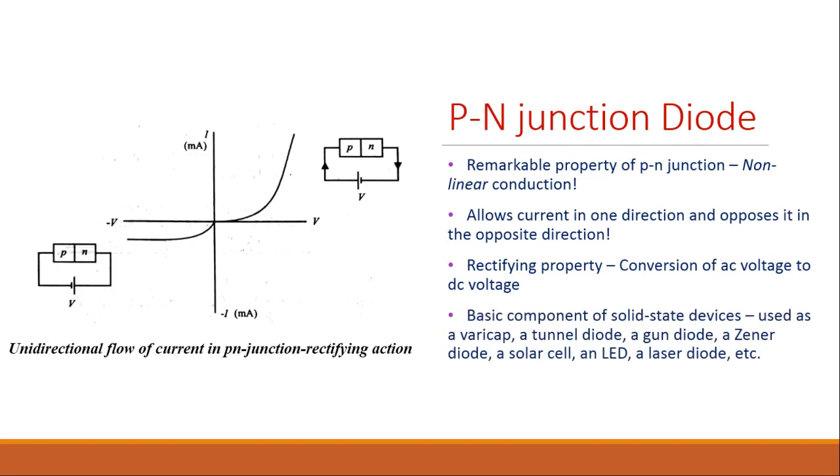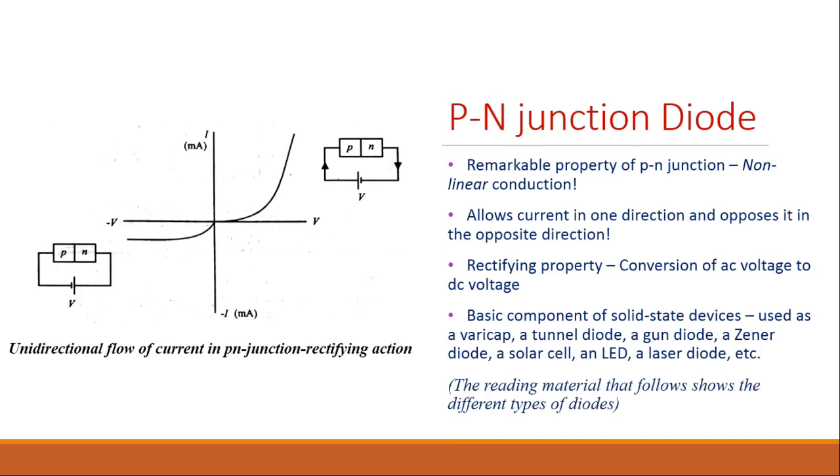Practically, all semiconductor devices contain at least one p-n junction. The production techniques enable the fabrication of p-n junctions to suit specific purposes. Thus, a varicap acts as a variable capacitor, a tunnel diode and a gun diode as oscillators, a Zener diode as a voltage stabilizer, a photodiode as a light detector, a solar cell as a voltage source, and an LED and a laser as light sources are all p-n junctions.